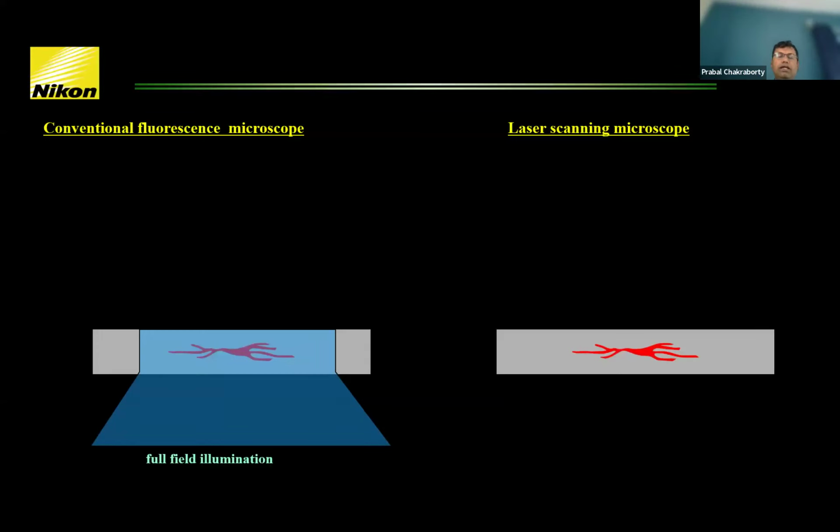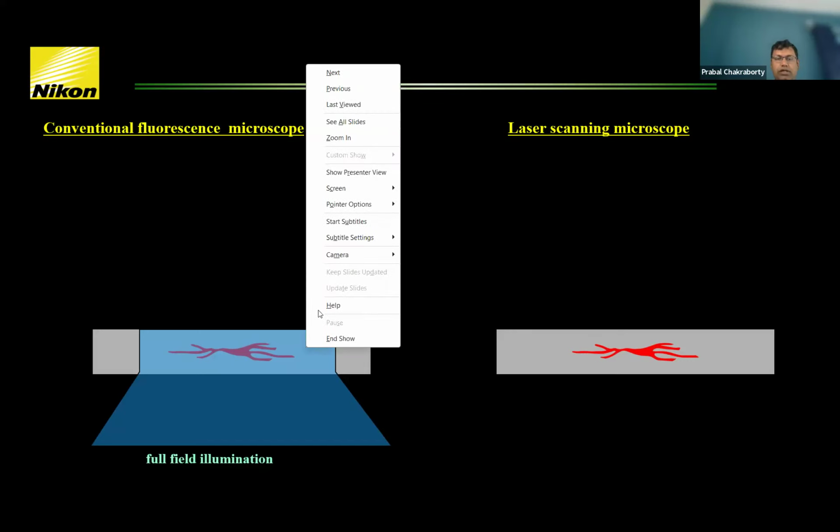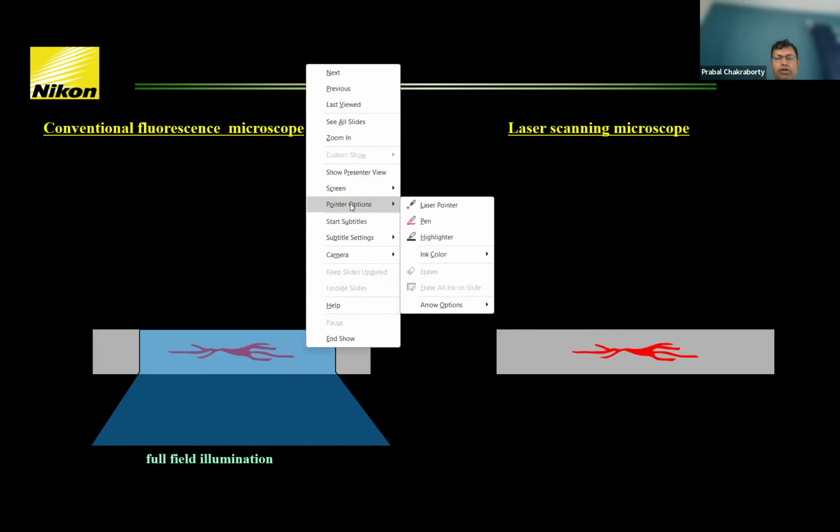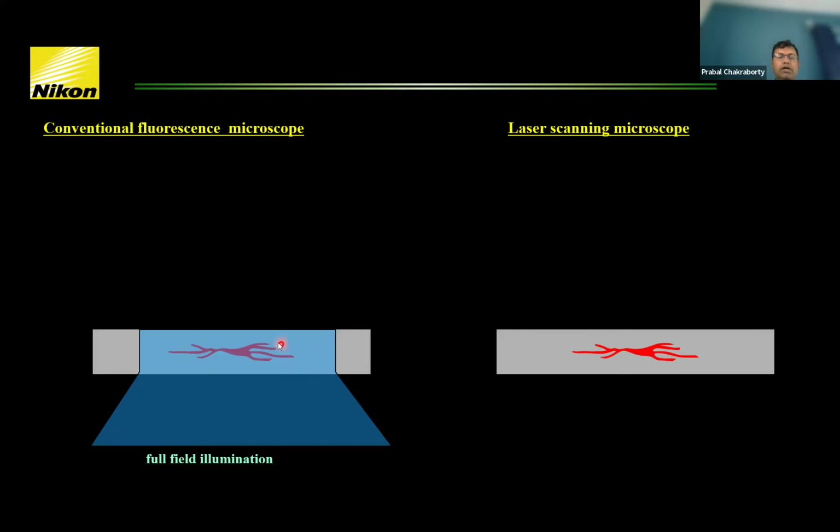Now, let's say I want to image only a part of the cell. Again, I go back to the laser pointer. Let's say I want to image only this part of the sample, not all of it. But since the spot size is big, it illuminates the whole sample, and as a result, it creates a phenomenon called photo bleaching.